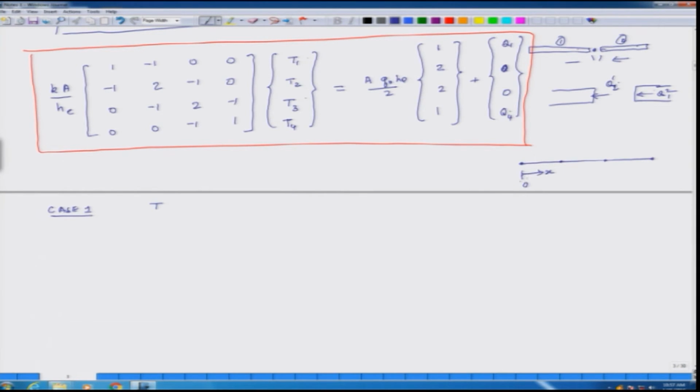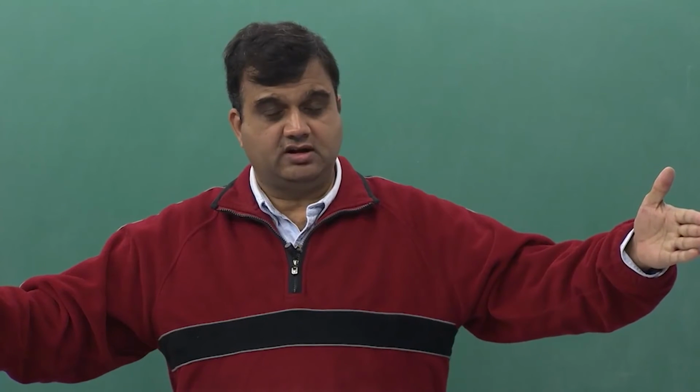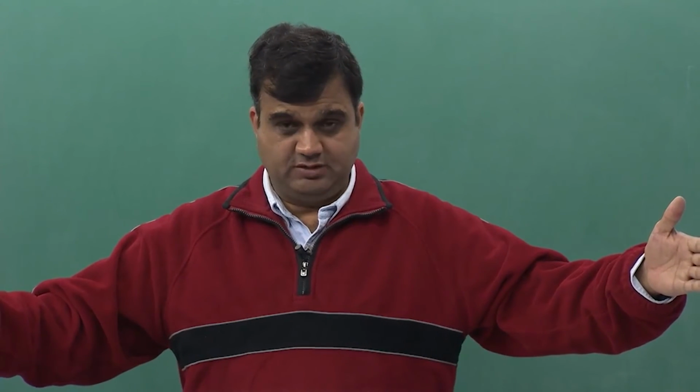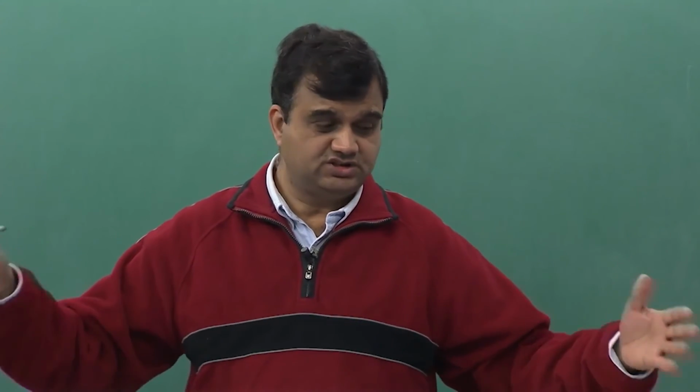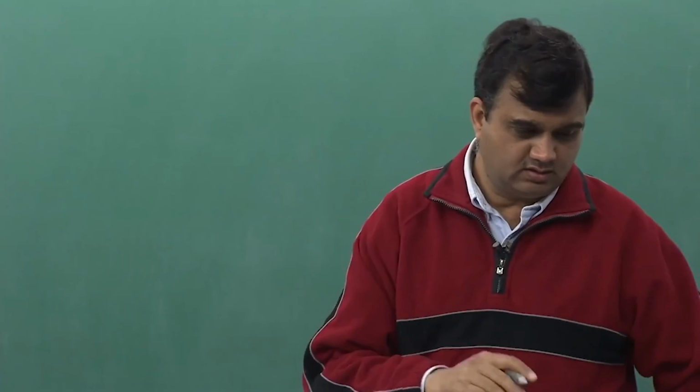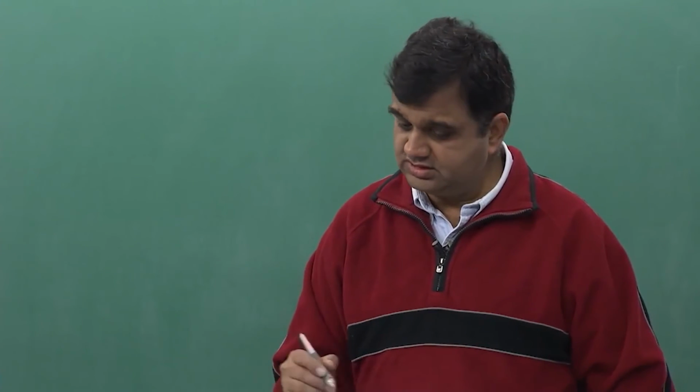So, at x equal to 0, I say that temperature is T A, and at x equal to L, temperature is T B. So, I am saying that I have a bar and the temperature at left end is prescribed as T A, and the temperature at right end is prescribed as T B. So, this is one set of boundary conditions.